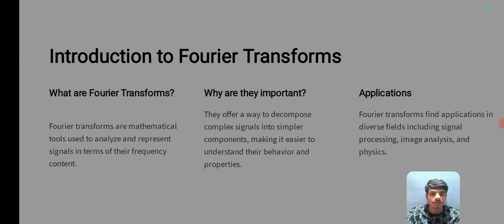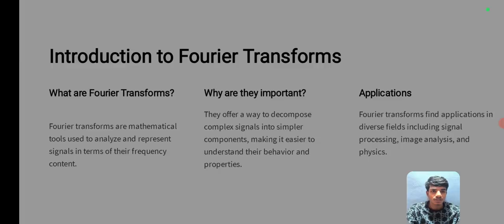The second slide we have is an introduction to Fourier transform. In that we need to study what a Fourier transform is, the importance of a Fourier transform, and applications of a Fourier transform. Fourier transforms are a mathematical tool used to analyze and represent signals in terms of frequency content.